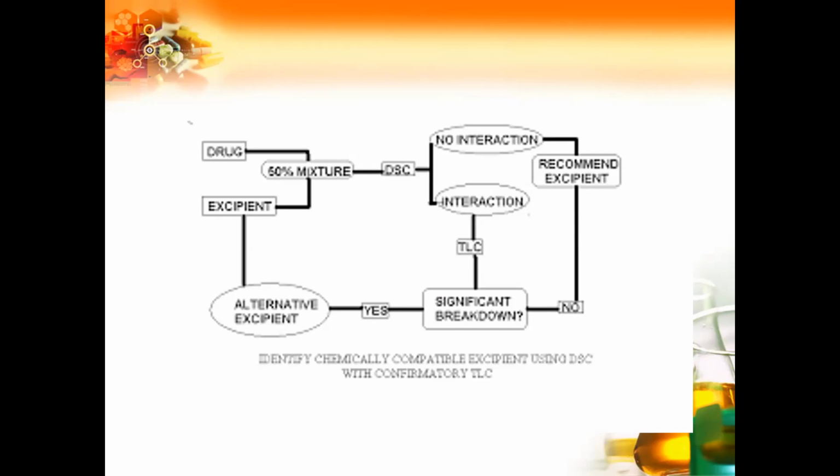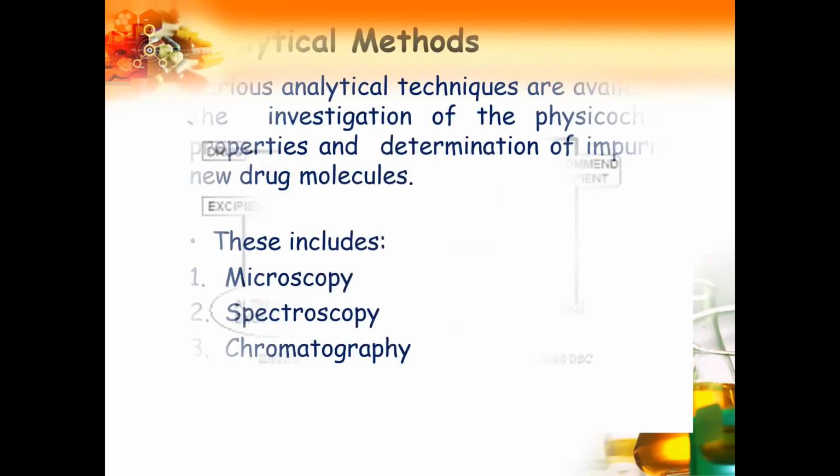But if an interaction is observed through the DSC scan, then we need to go for the thin layer chromatography study for separation. And if a significant breakdown is observed between the drug and excipient, then we need to go for an alternative excipient. We cannot recommend this excipient. In this way, we can perform the drug excipient compatibility study.